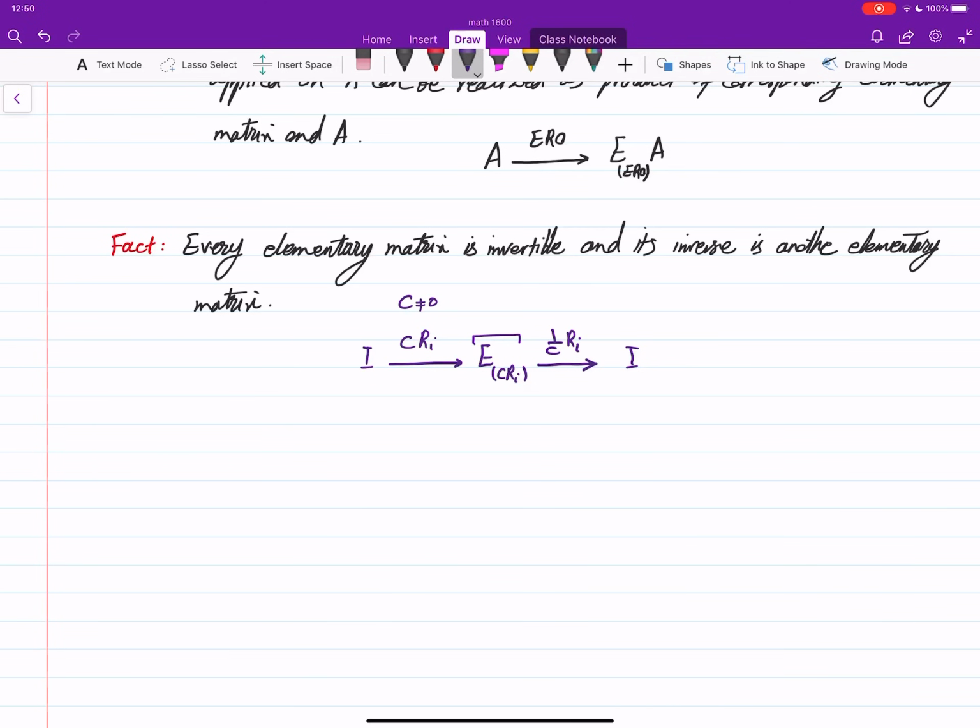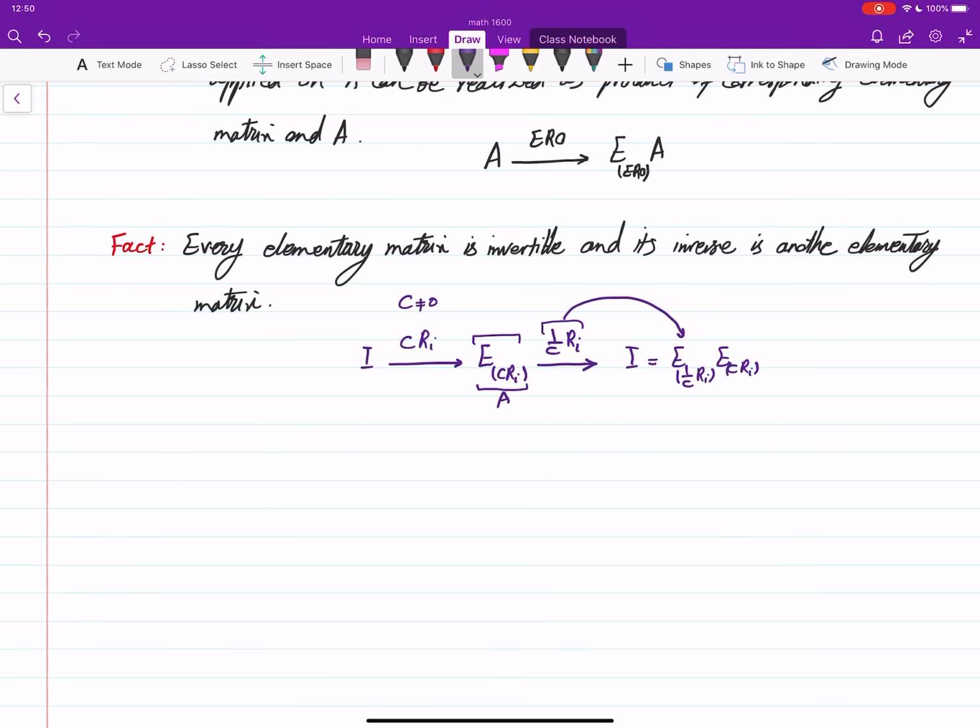But what does this mean in terms of the theorem we just mentioned? This is an elementary row operation and this is a matrix. So this can be written as the matrix E of (1/c)Ri multiplied by E of cRi, the corresponding elementary matrix of this operation.